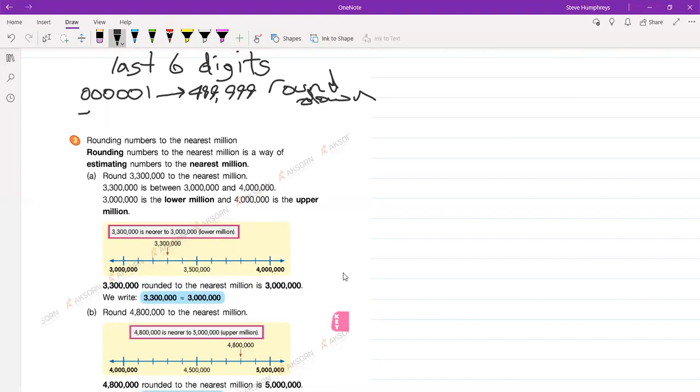And if it's between 500,000, the last 6 digits I'm talking about, between 500,000 and 999,999, you would round it up.